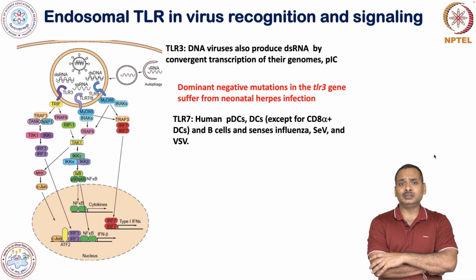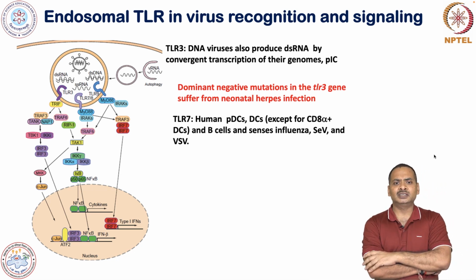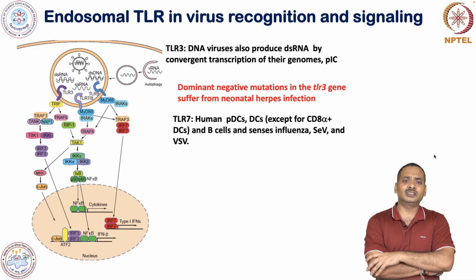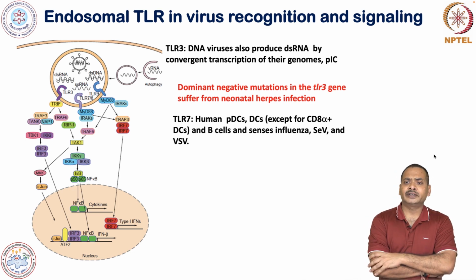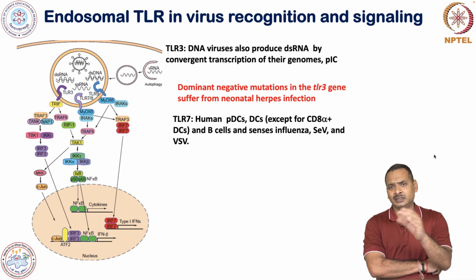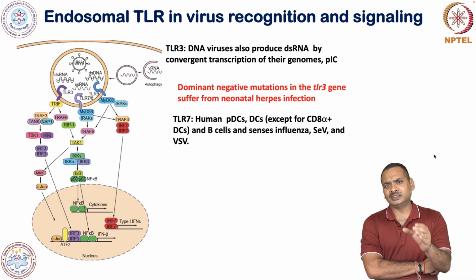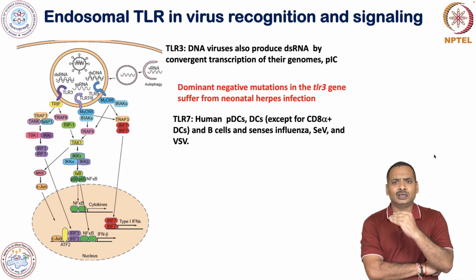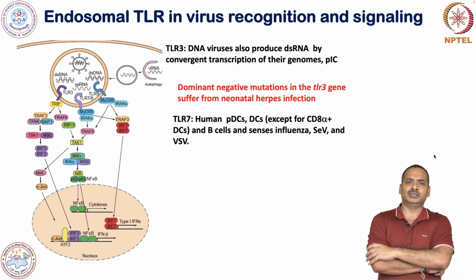TLR7 is expressed by human PDCs, DCs and also B cells, and it senses influenza, Sendai virus and VSV.